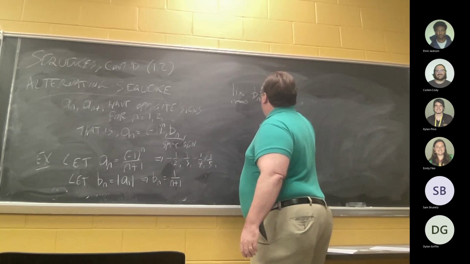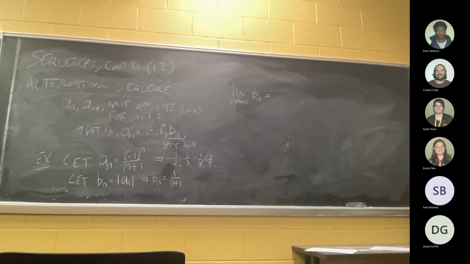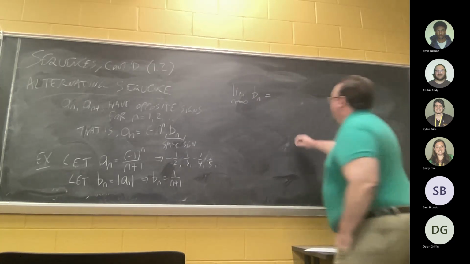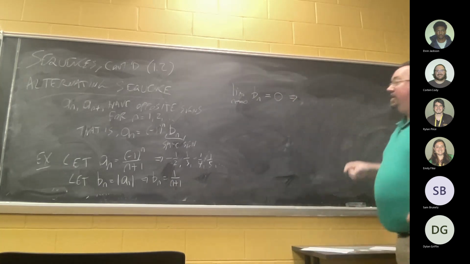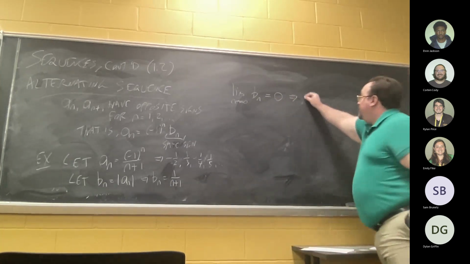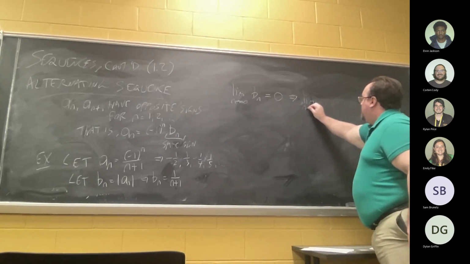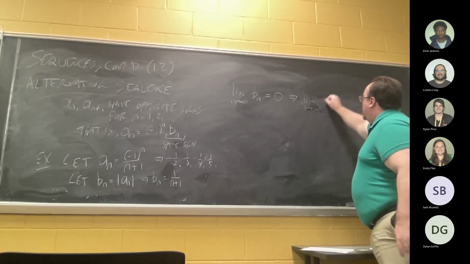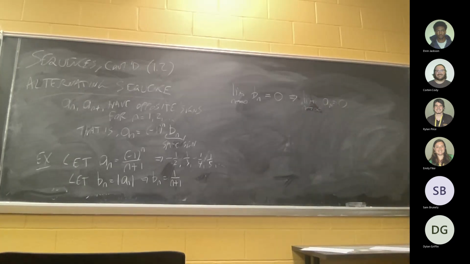The limit of sequence b_n is easy to determine. What would it be? This is 1 over n plus 1. It's going to be 0. And from that, we can conclude the limit of the original sequence a_n is also 0.